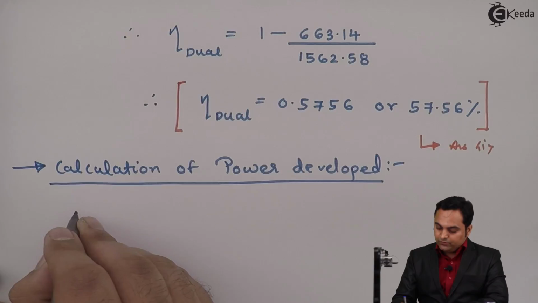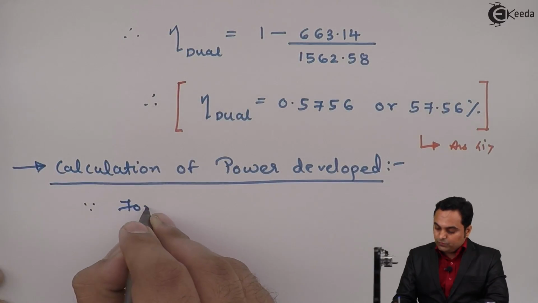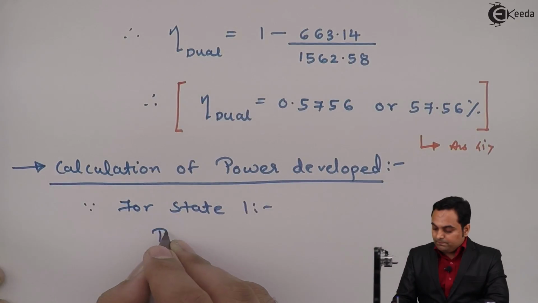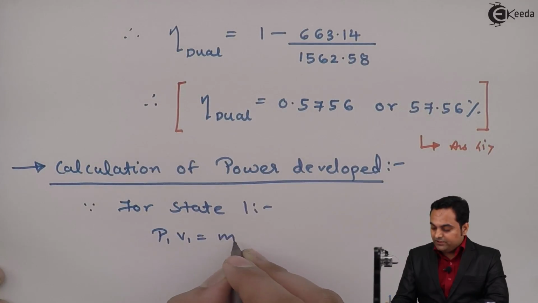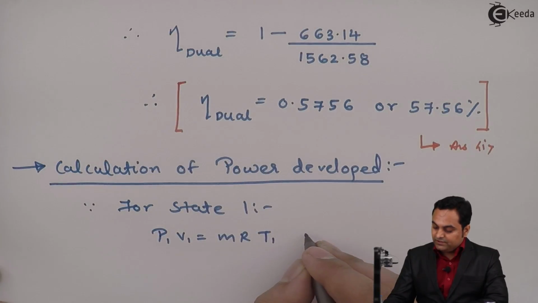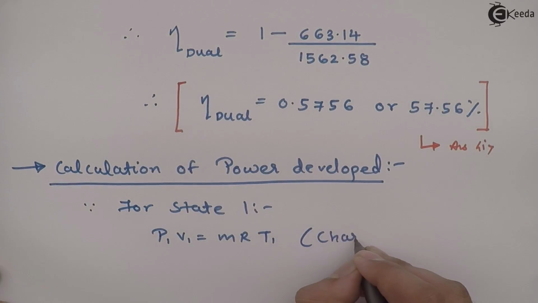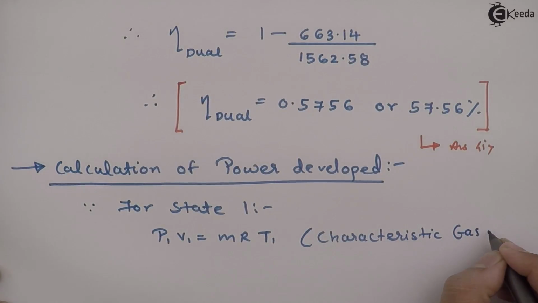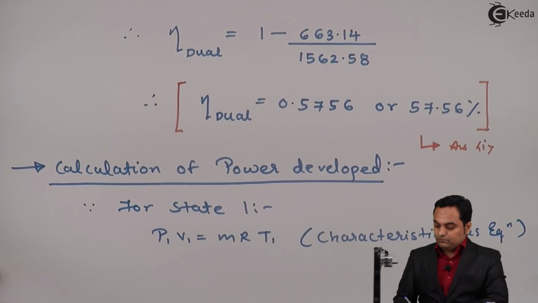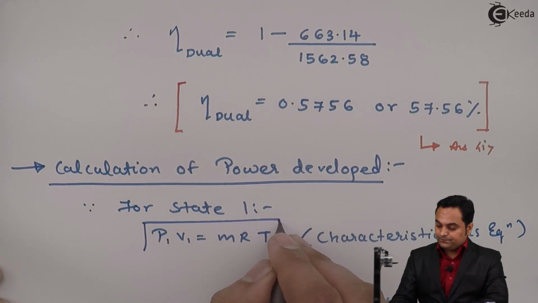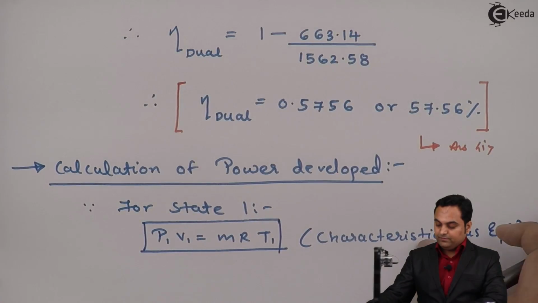For that I'll write down, since for state 1, P1 V1 is equal to mRT1, this is the characteristic gas equation. Using this we can find the mass.